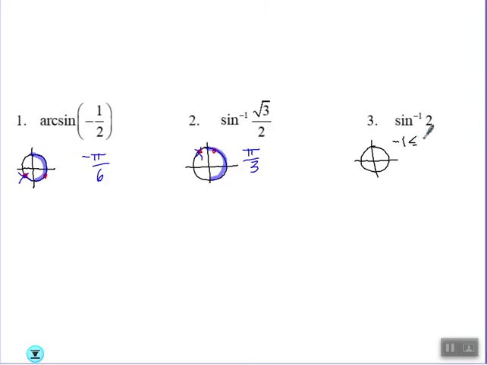Just remember that sine is between negative 1 and 1. So this will never happen. We say that it is undefined, or that it is the empty set. There is no angle that has a sine of 2.